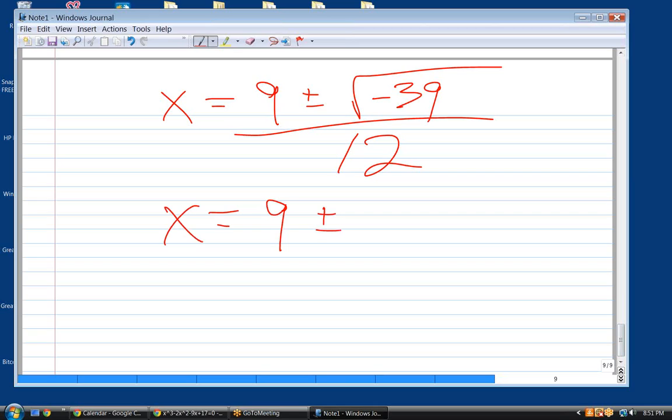X equals 9 over 12, which is 3/4. That's fine. Go ahead. Yeah. Okay. Plus or minus root 39 over 12. Beautiful.